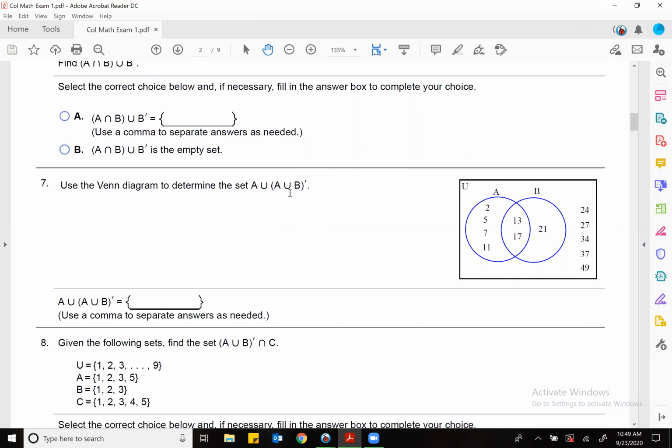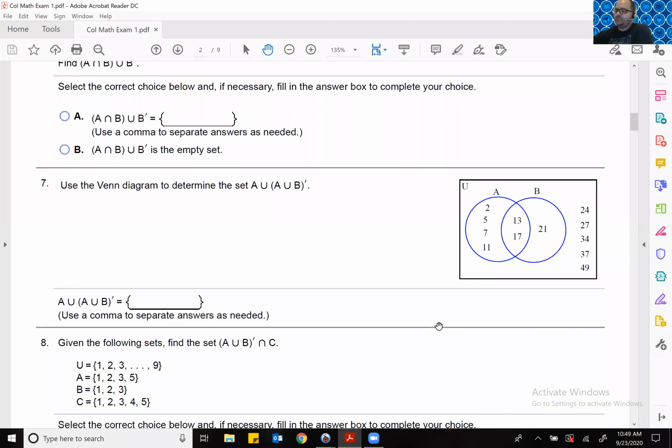Union. All right. And union says, as what you guys told me, give me everybody. So give me the union of A and B based off of our picture. 2, 5, 7, 11, 13, 17, and 21.